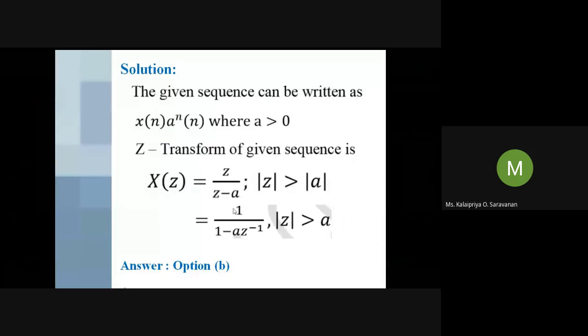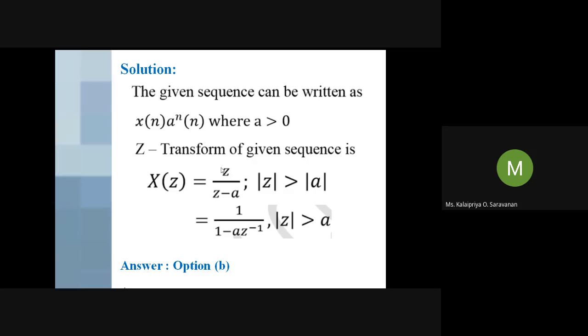The given signal, you can consider it as a power n signal. They have already given it as a greater than 0. A greater than 0 means definitely it should be a right-sided signal. So a power n u of n, it could be of that sort. If it is a right-sided signal, then the basic Z transform, whatever we have seen, is Z by Z minus a, modulus of Z greater than a.